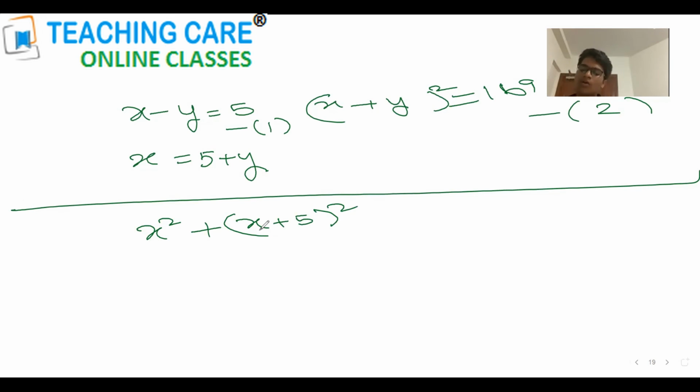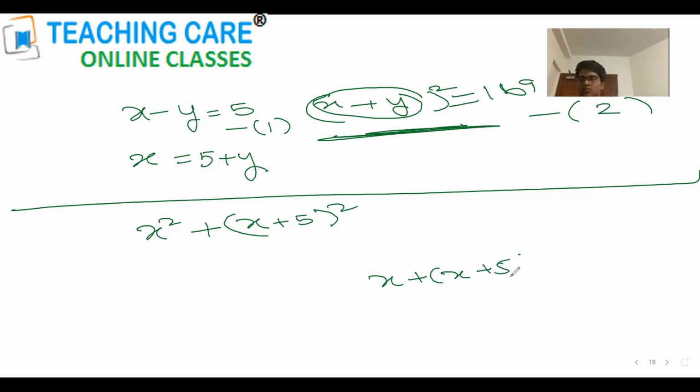Here it is square of their sum. So whatever sum we get, x plus y, we need to square that. So you are doing it right. Just put x plus 5 in the whole square, equal to 169.